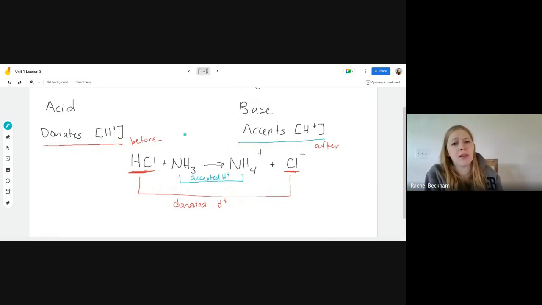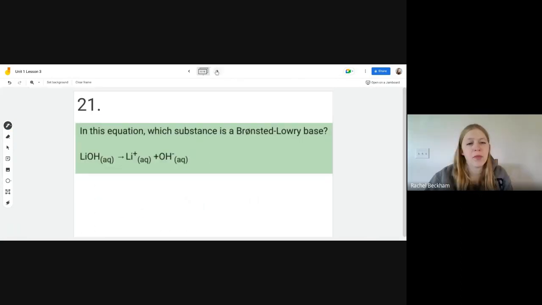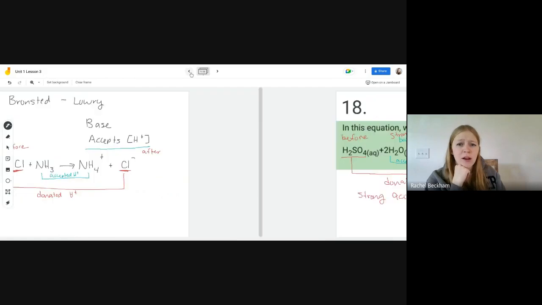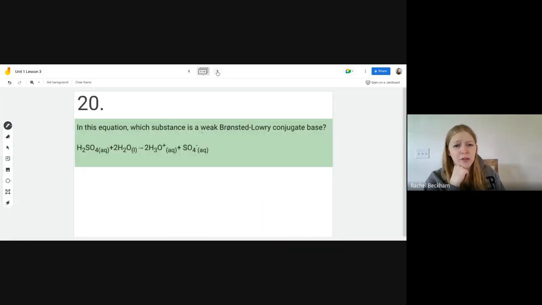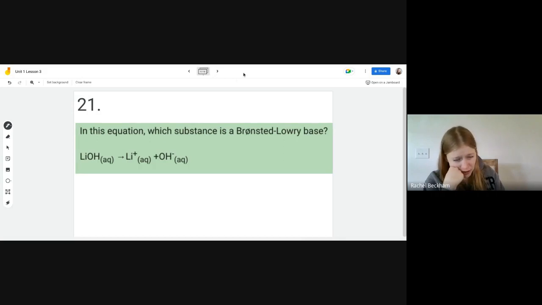So let's look at some examples of this in action from your lesson. So for number 21, it says, in this equation, which substance is a Bronsted-Lowry base? So going back to our definition of a Bronsted-Lowry base, a base is something that can accept H plus, okay? This is confusing here. Again, the reason I'm going through these is because these are kind of confusing.